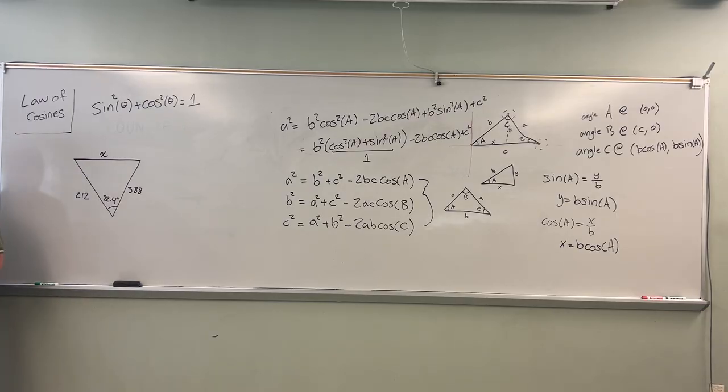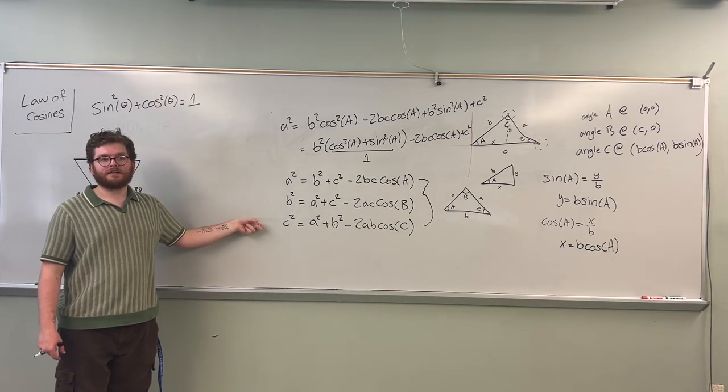And the process for solving with law of cosines instead of law of sines is, I take the opposite side, the one that I'm trying to figure out, and I let it be the left-hand side here.